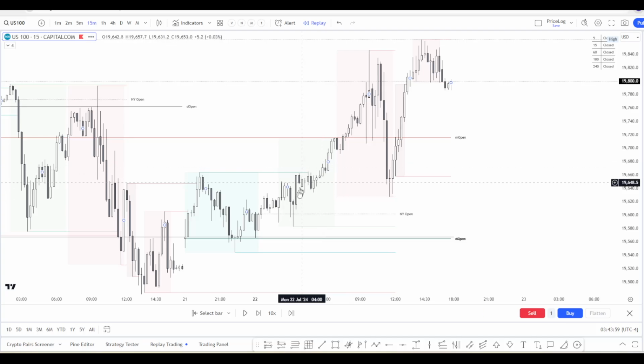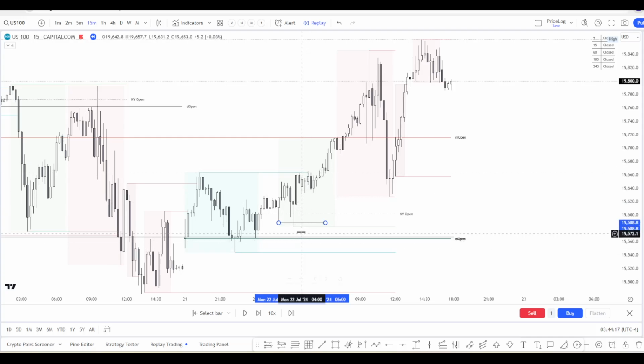It's not giving us any change in state of delivery. So even though we are wrong on the bias, we wouldn't really have gotten involved if we were just staying with the 15-minute. Because here you see we don't close below here. So that's not a place where we could get involved.